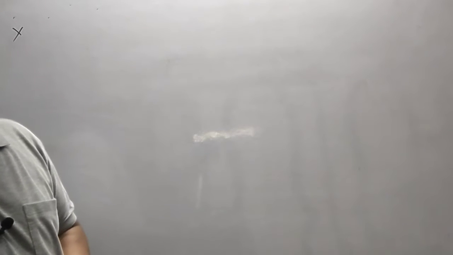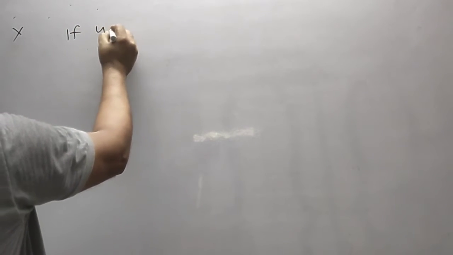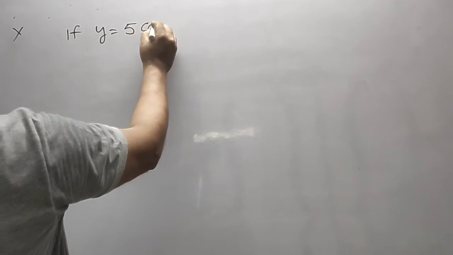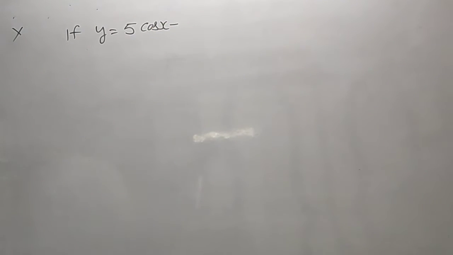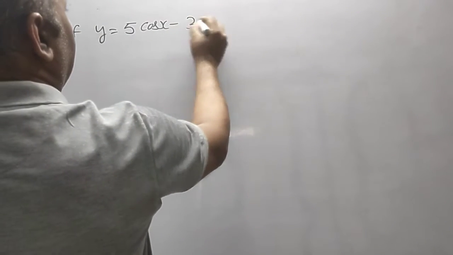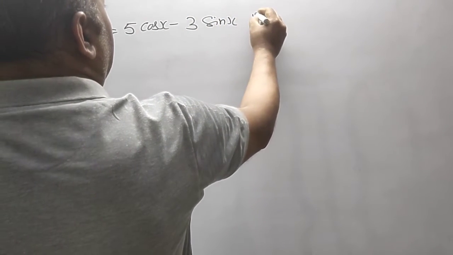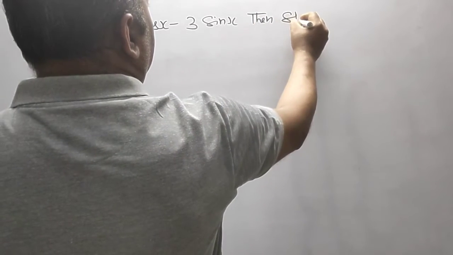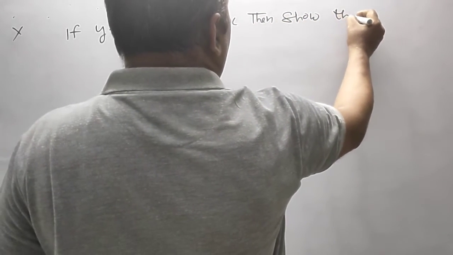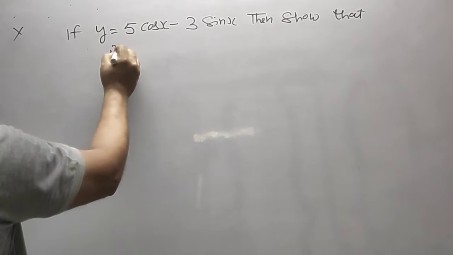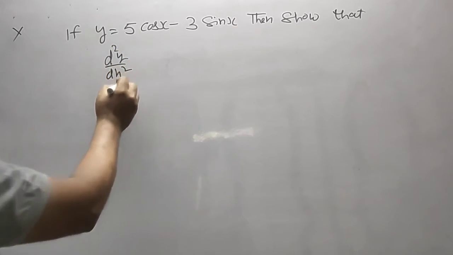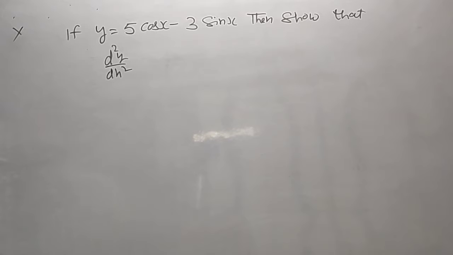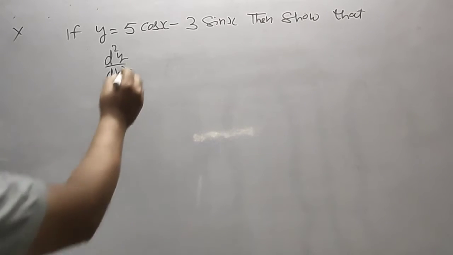Now question number 11. It is given that if y is equal to 5 into cos x minus 3 into sin x, then show that d2y upon dx square plus y is equal to 0.